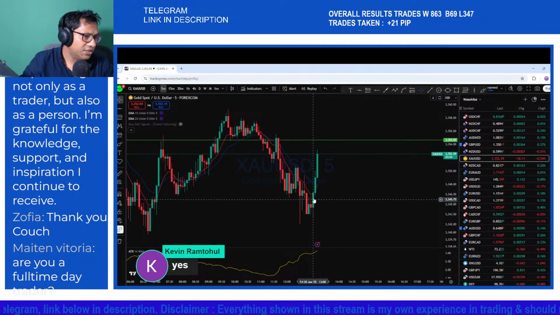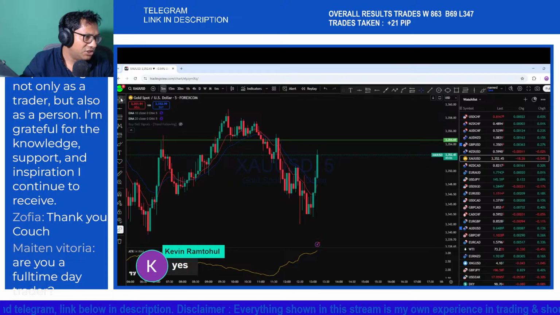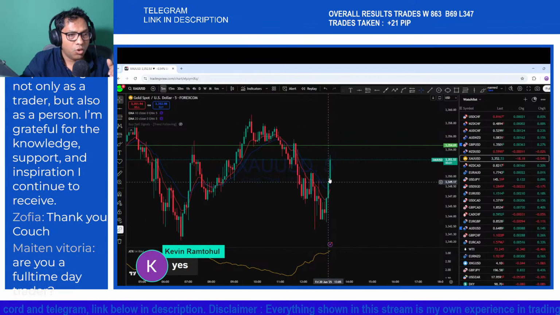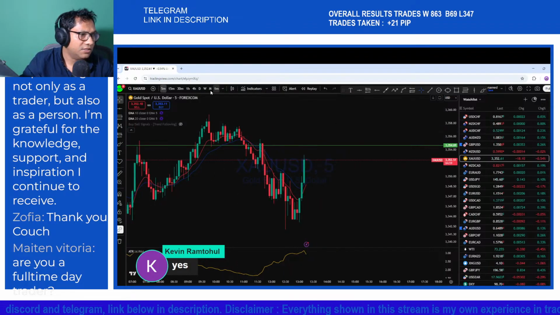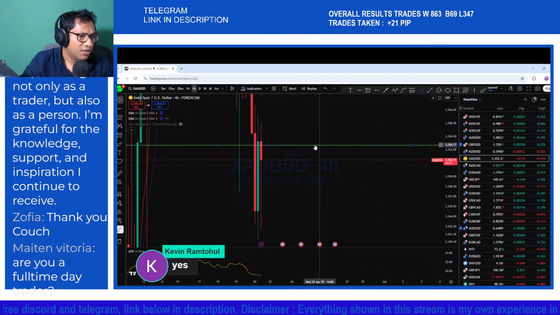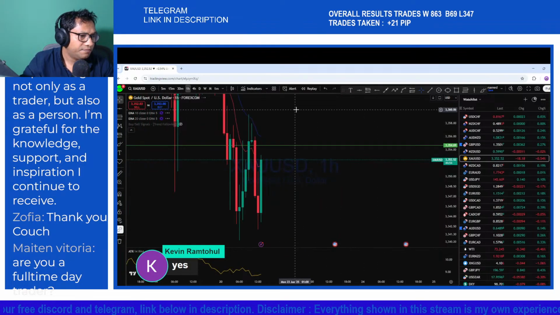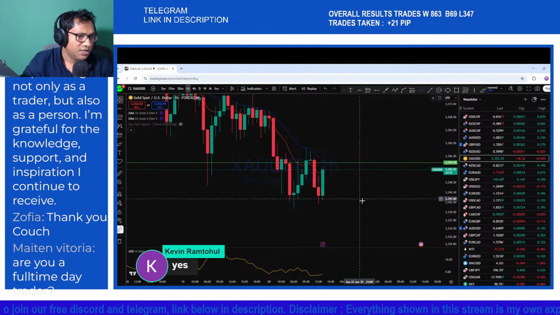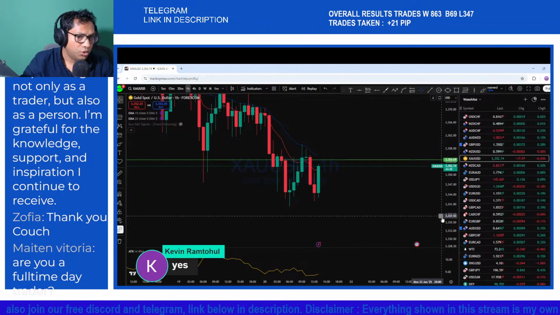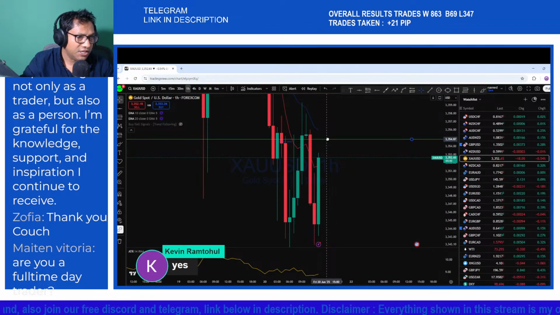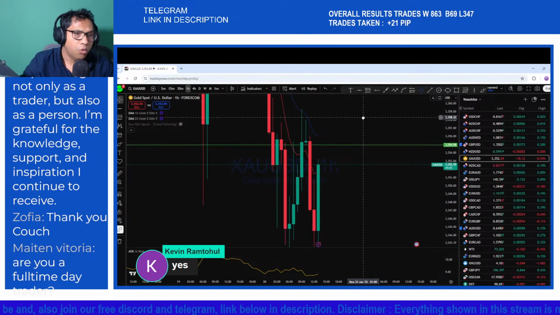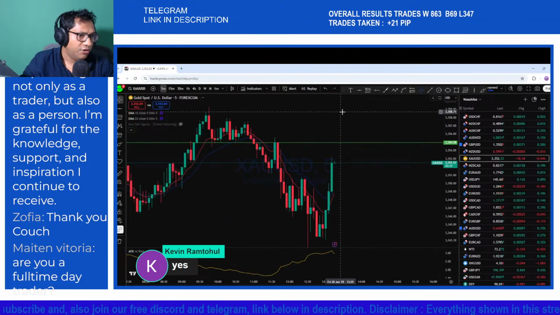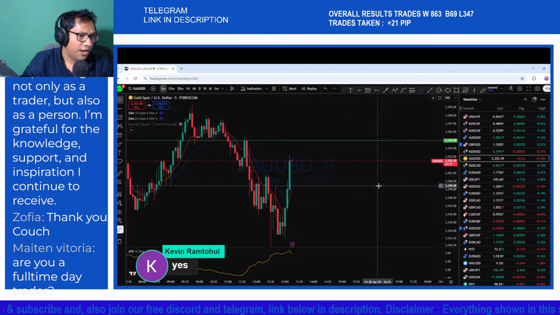Now here you can see this is the 5-minute chart on XAUSD, and this move is approaching the price to the key level that we can see. The market is going back to hit potentially the neckline of this move, and that might be a possible opportunity for us to enter.